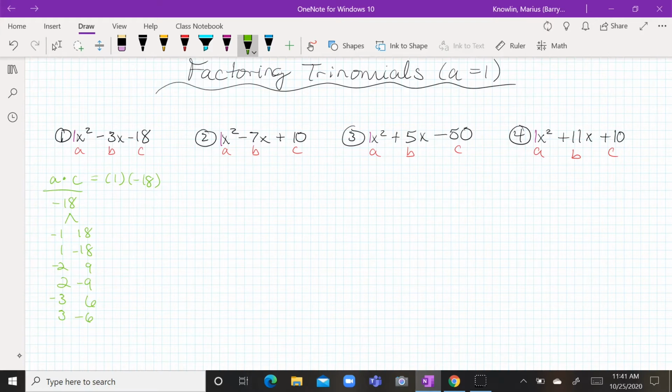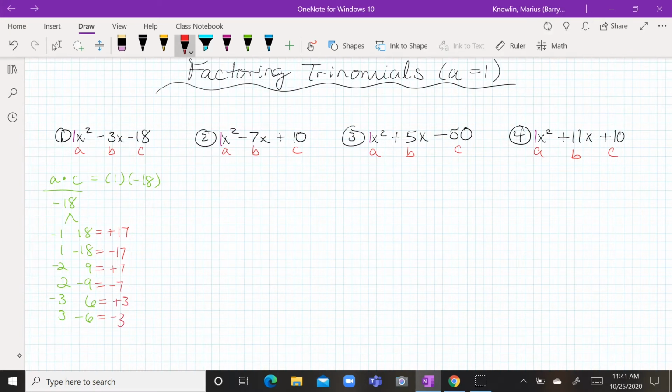So now we want to go through and see which ones, when we add these factor pairs, equal negative 3. This is going to be positive 17. This is negative 17, positive 7, negative 7, positive 3, negative 3.